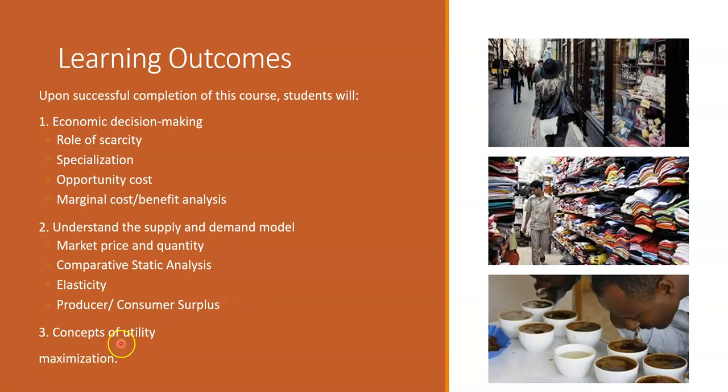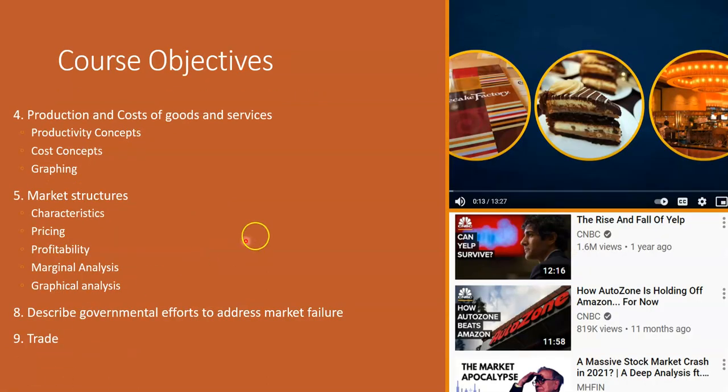We're going to be talking about concepts of utility maximization. We'll be talking about production concepts and cost concepts. You will need to know how to graph these. We'll talk about market structures. What are their characteristics? How do you price? What the profitability is under each structure. Marginal analysis and graphical analysis. And we'll talk about governmental efforts to address market failure. And we'll talk about trade.